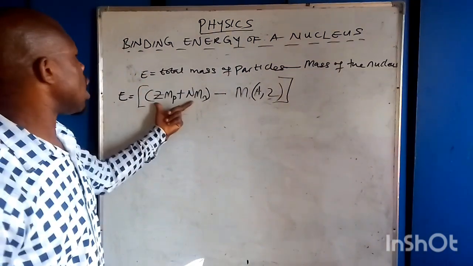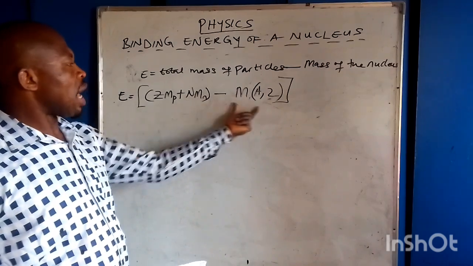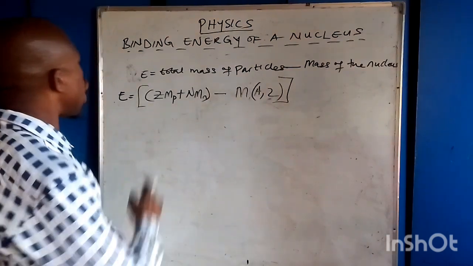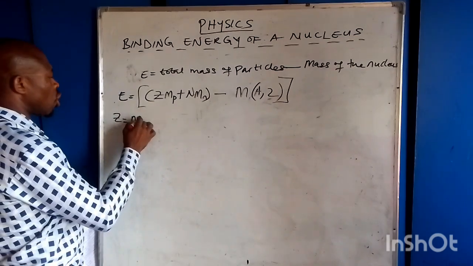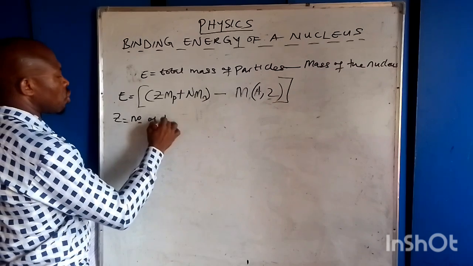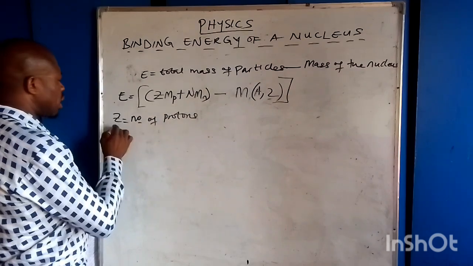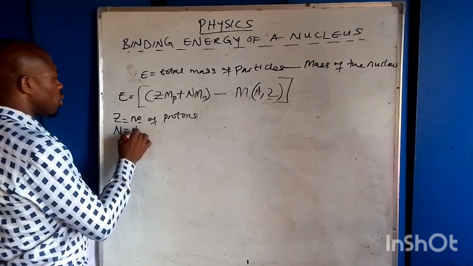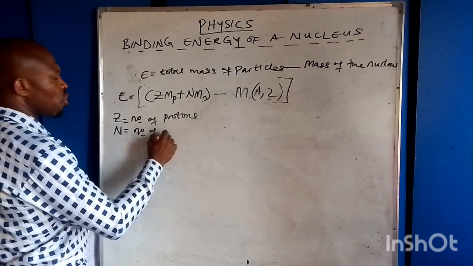So this is the mass of the particles and this is the mass of the nucleus, where Z is the number of protons and N is the number of neutrons.